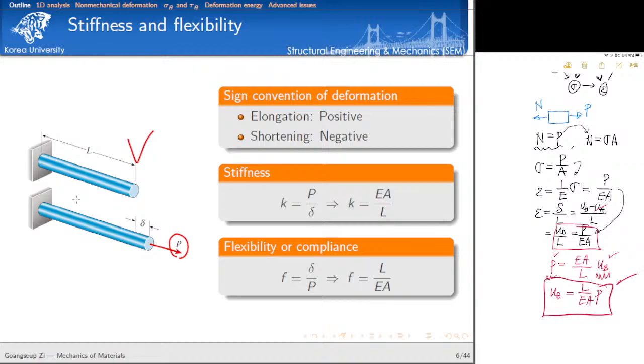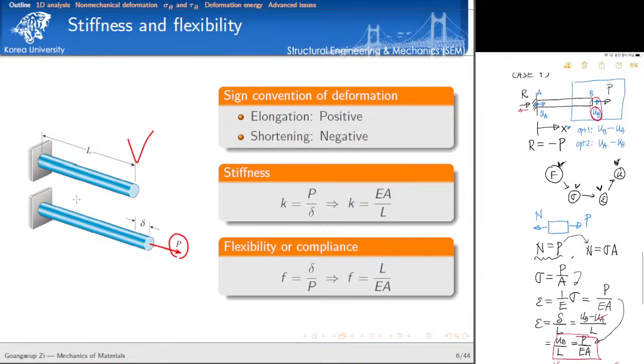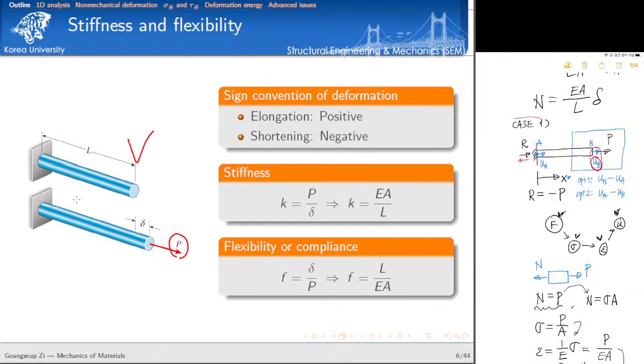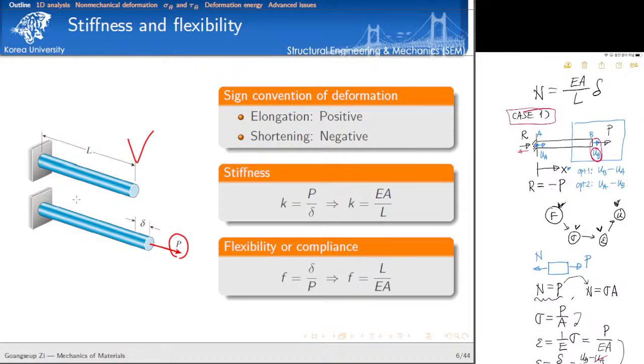Now let's consider another procedure. Here I noted case 1. Okay, case 1. So instead of using this coordinate system, I want to use another one.